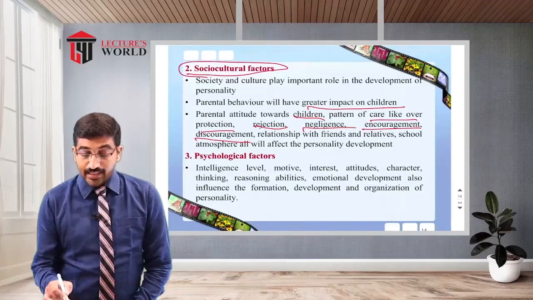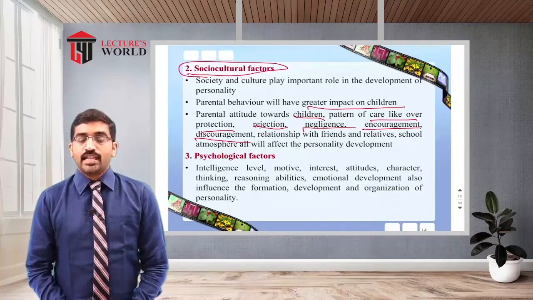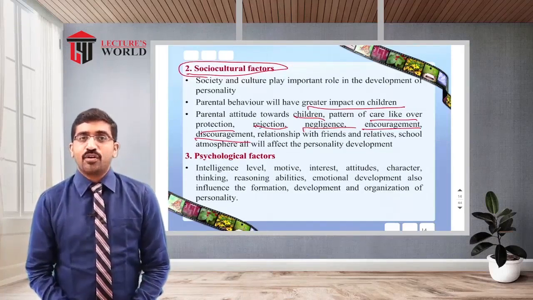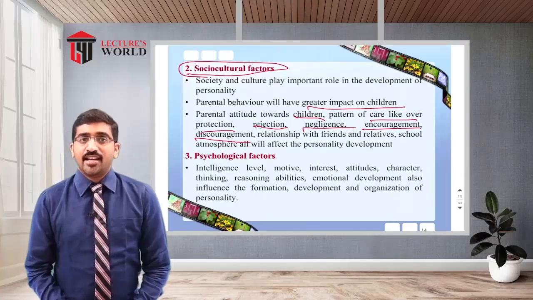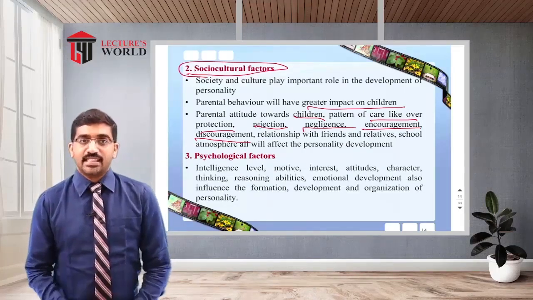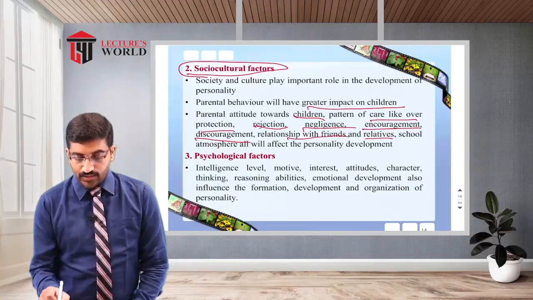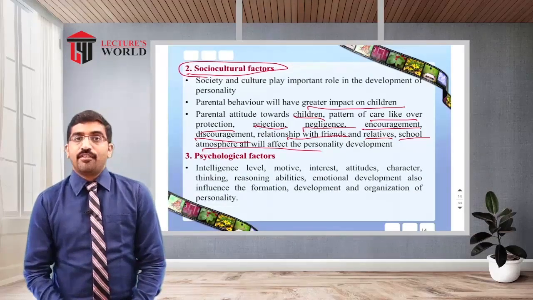But rather than encouraging, if you are discouraging somebody, you are not promoting them, then what will happen? They will not develop. You are just discouraging. No, this is not good. This is bad. You have to walk like this. You have walked the wrong way. Rather than encouragement, you are just discouraging. Relationships with your friends, your relatives, your school atmosphere also will affect your personality.